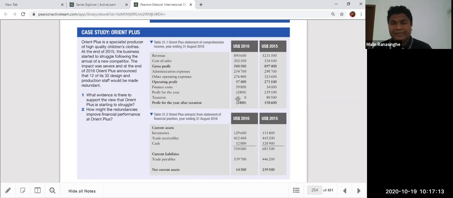When organizations start making a loss, the owners don't tolerate it. They have to take a decision. A wise decision is staff redundancy, reducing the number of staff members. And because of this loss-making situation, they don't need to pay tax to the government, zero. You can see the profit for the year after taxation is 158 last year, and this time 2,400.